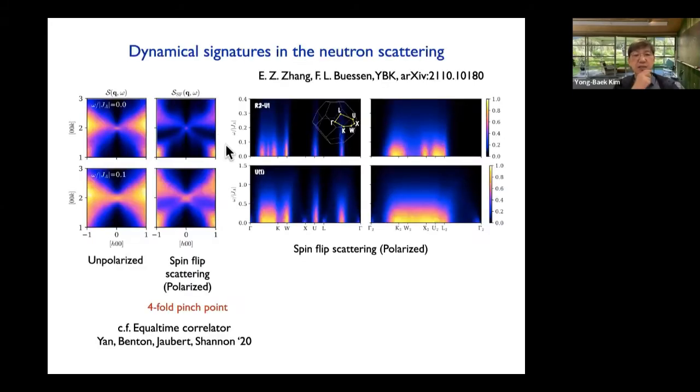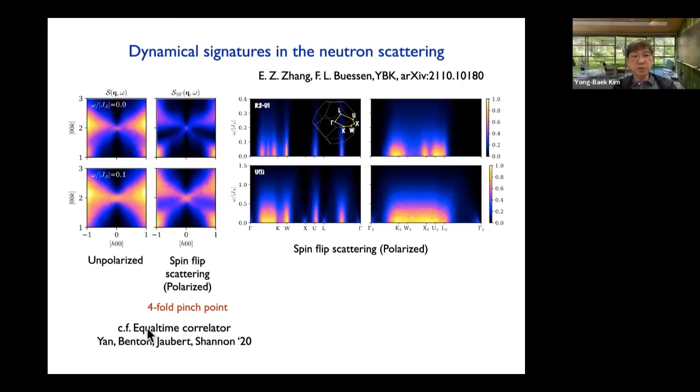Another nice thing is that actually we did this calculation. We did a dynamical spin structure factor calculation for this classical model. So still classical, right? So it turns out that if you look at the polarized neutron scattering, and you're looking at the spin flip scattering, then you have this 4-point pinch point in the low energy limit.